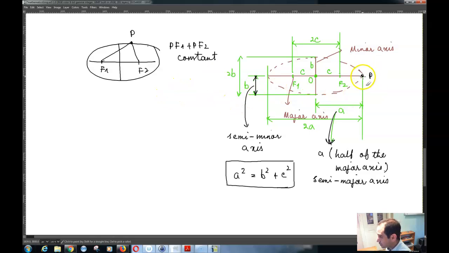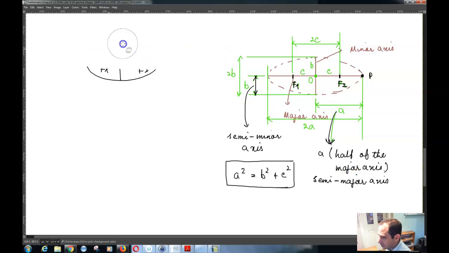So then if I take the point P over here, and if I have my foci over here as F1 and F2 over here, then of course I can write PF1 plus PF2.